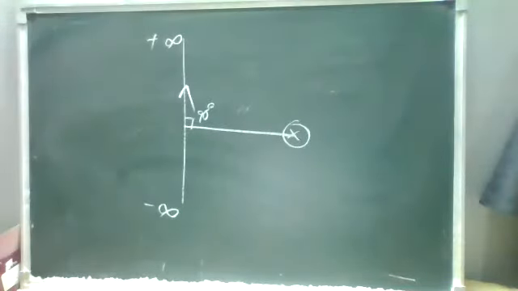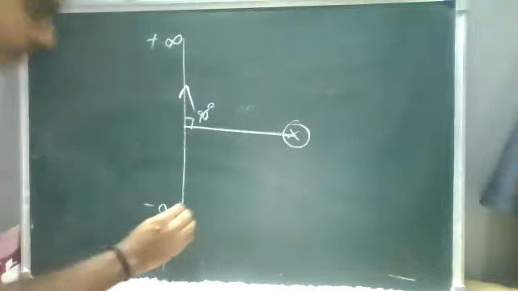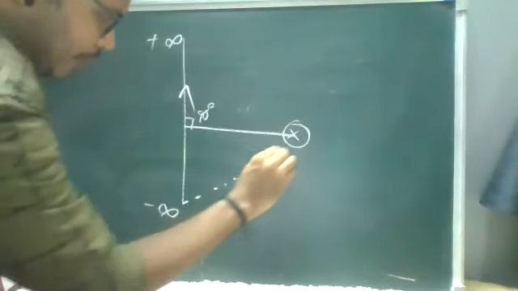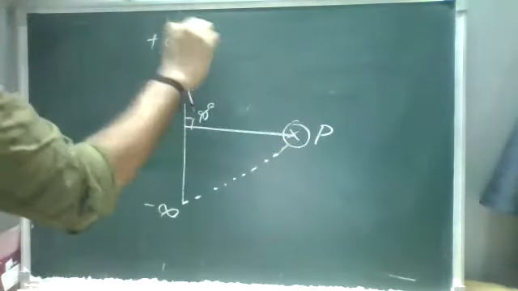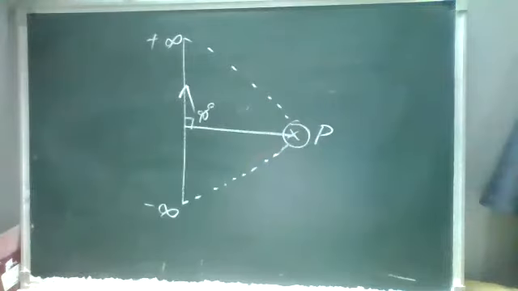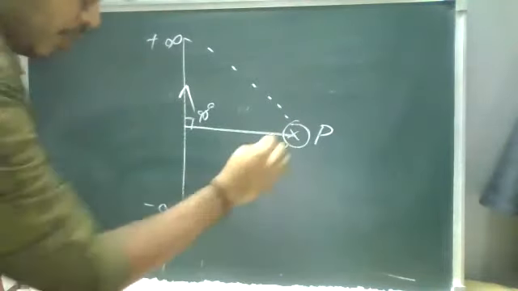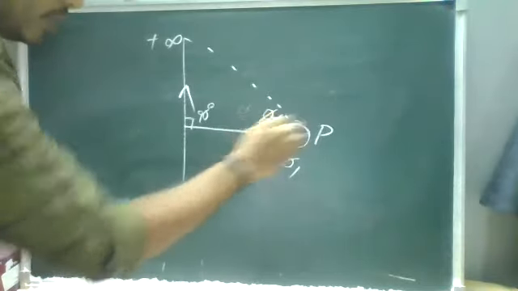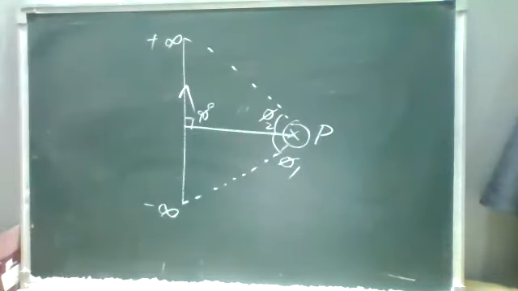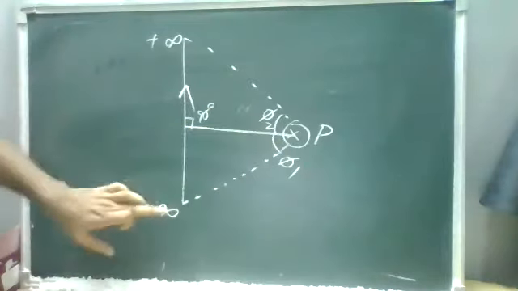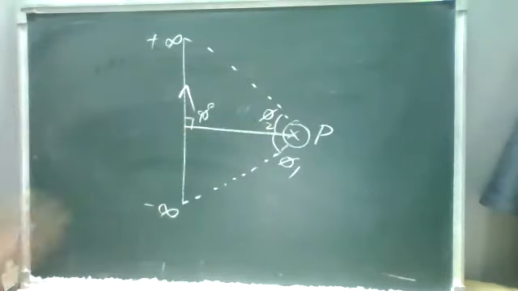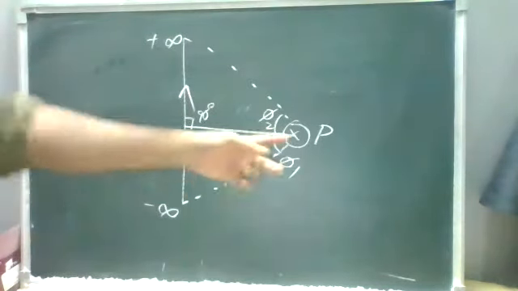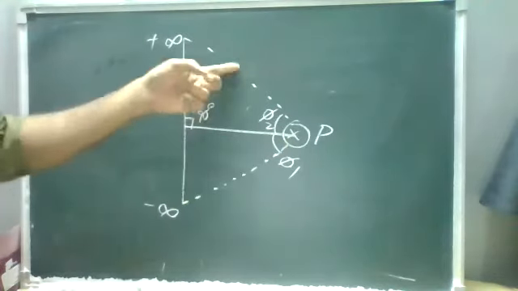Now I'm making some angles from the infinity location to the point P. Assume this is your point P. Since this is your starting point, I'm taking this angle as phi 1, and this is any point, phi 2. For this magnetic field, I'm drawing points from the infinity location to the point P making angles phi 1 and phi 2.